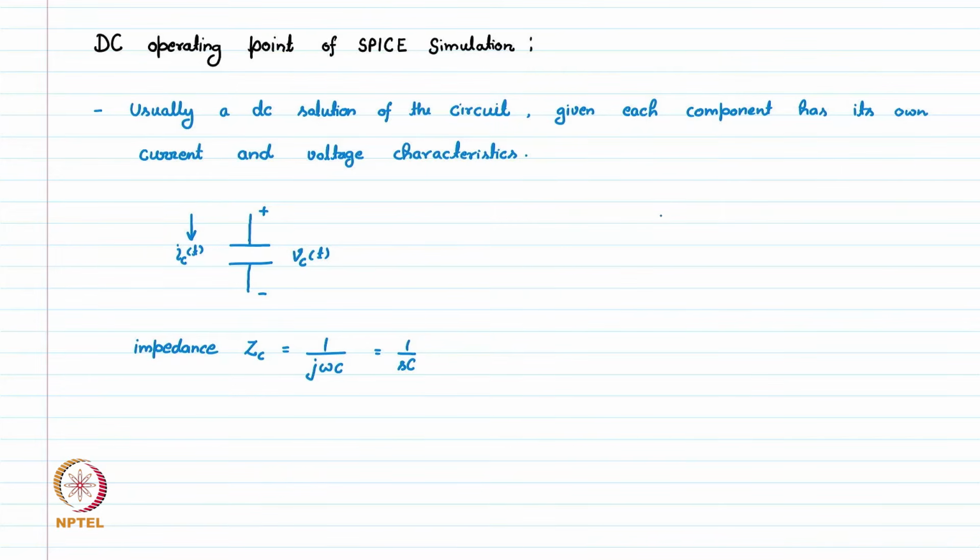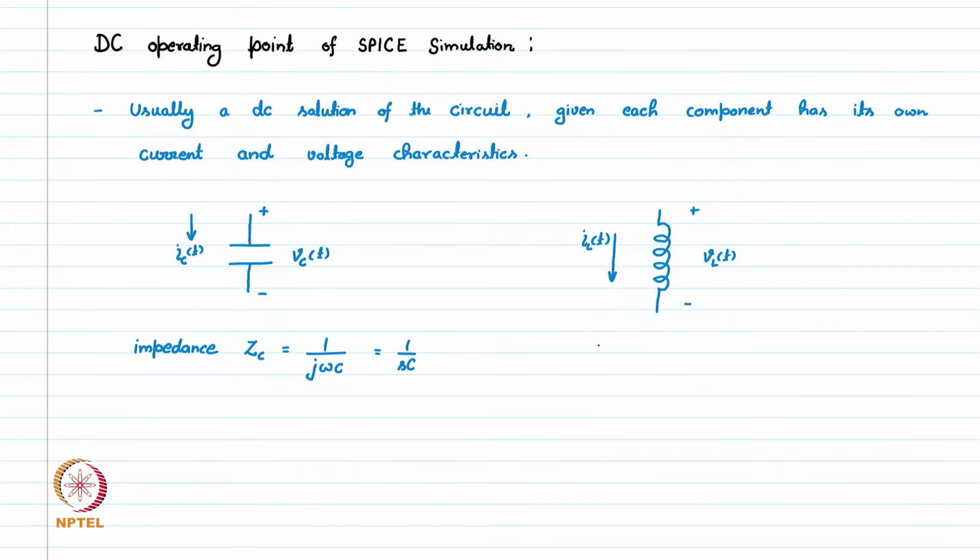Similar case with the inductor. We have, let's say, an inductor. The current through this is IL and the voltage developed is VL.